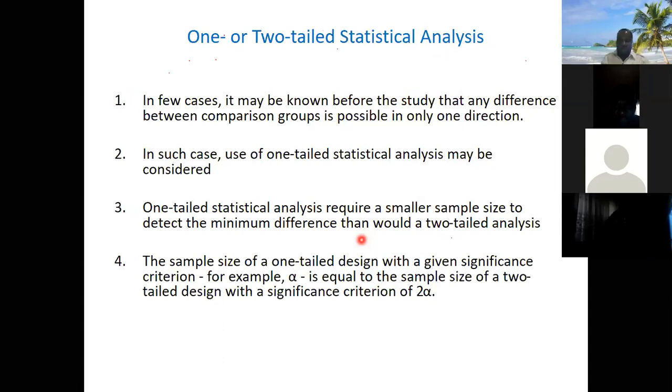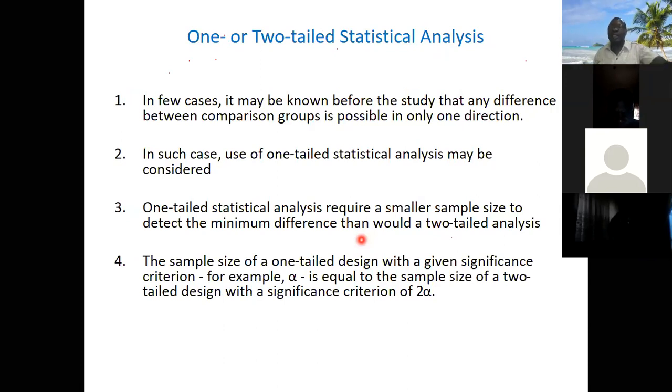1T or 2T just has to do with the way you set your hypothesis. If the difference you are looking at between two groups is just a difference, it doesn't matter whether that attribute is higher in A than B or B than A. Just like if you are studying the prevalence of anemia among under 5s, rural and urban.